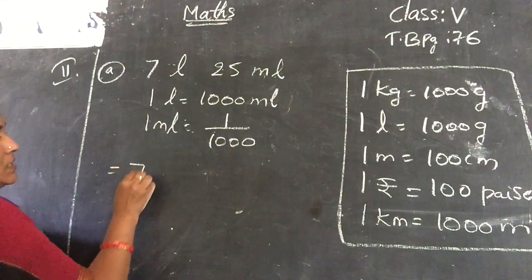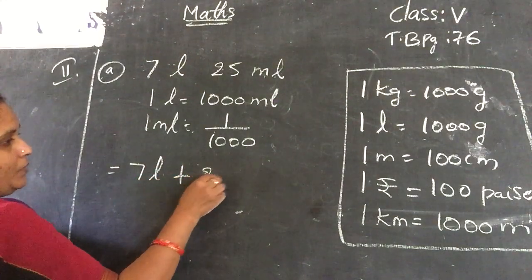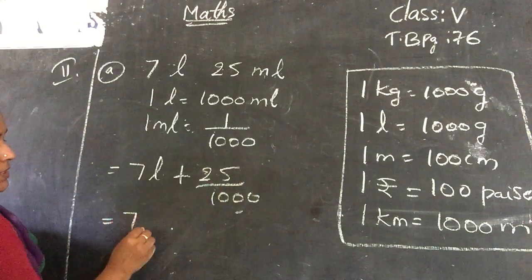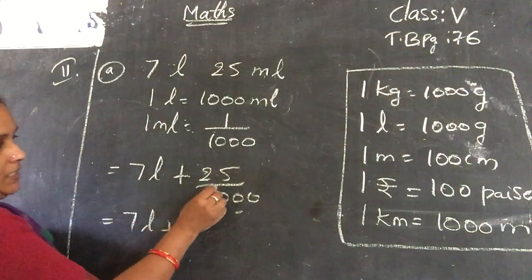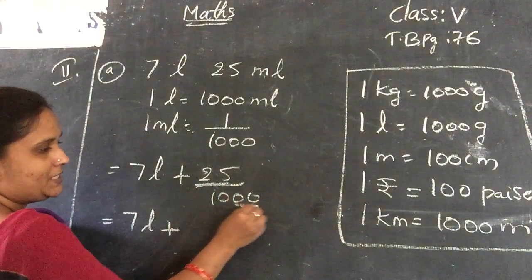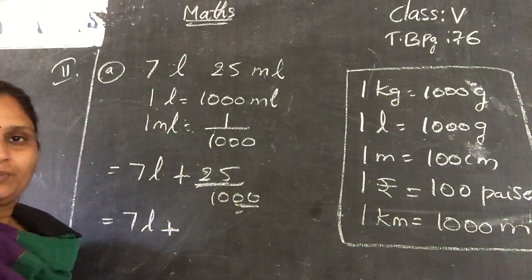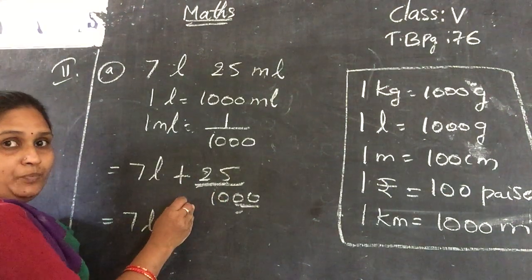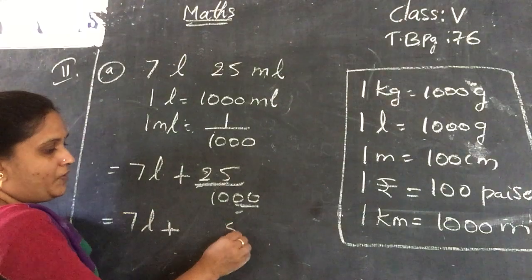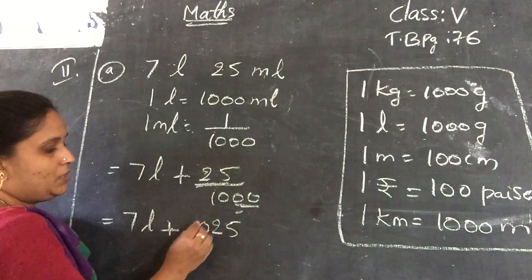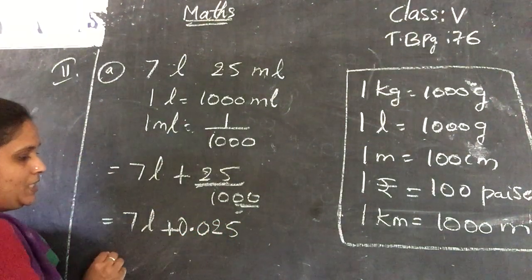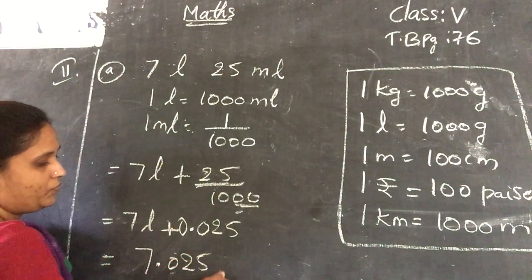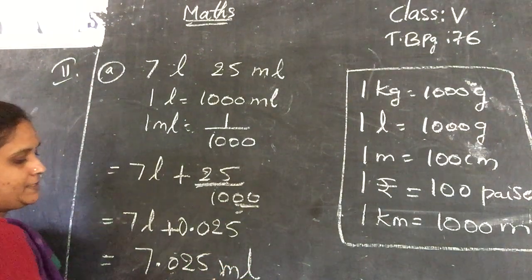Now 7 liters plus 25 by 1000 is equal to 7 liters plus these last 2 digits. In the last 2 zeros you have to write the 25, and the 0 before that you have to put the decimal. So the answer will be 7.025 liters.